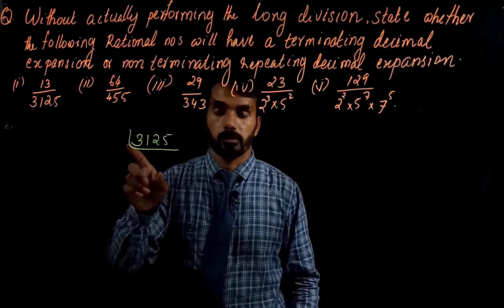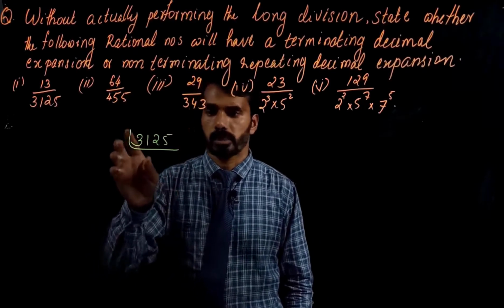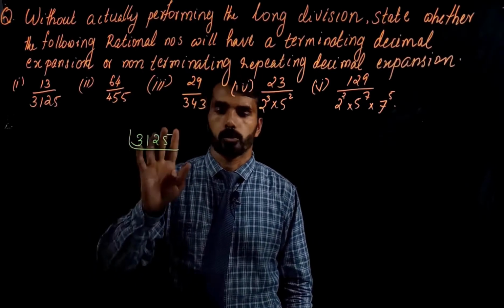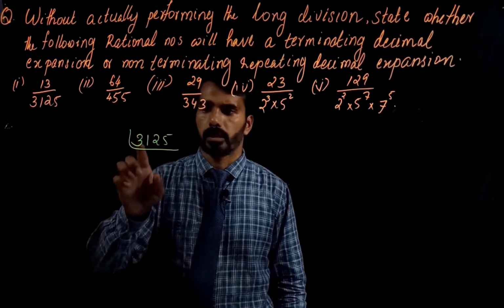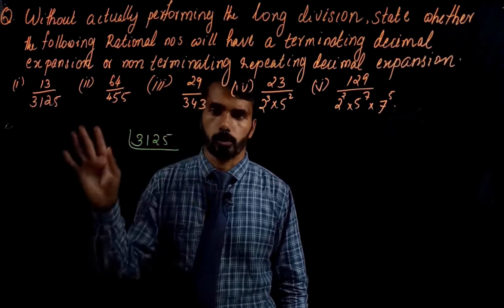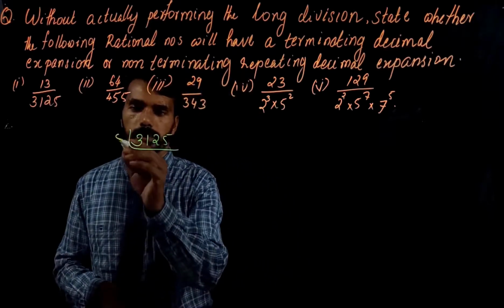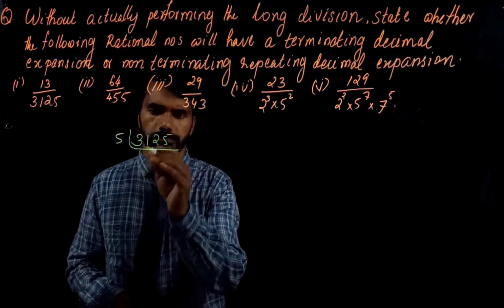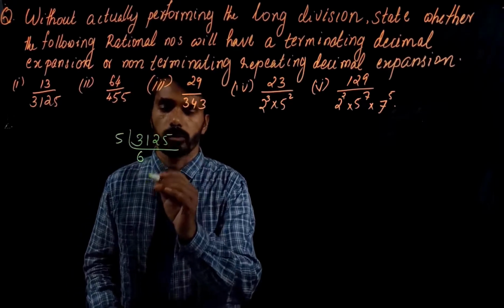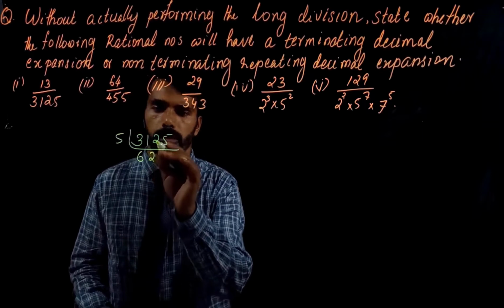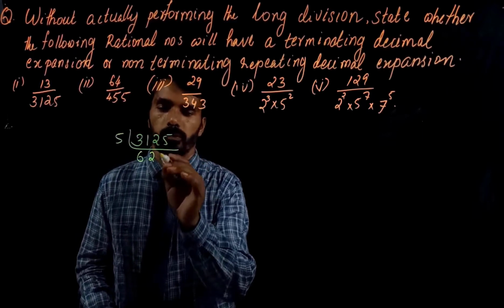To find the prime factorization, let us first start with the first prime number 2, but it is not divisible by 2. Now let us check 3. 3 in 12 is not possible. So the next prime number, let us take 5. 5 in 31, 6 times, remainder 1. 5 in 12, 2 times, remainder 2. 5 in 25, 5 times. Again divide by 5: 5 in 6, 1 time, remainder 1. 5 in 12, 2 times, remainder 2. 5 in 25, 5 times.